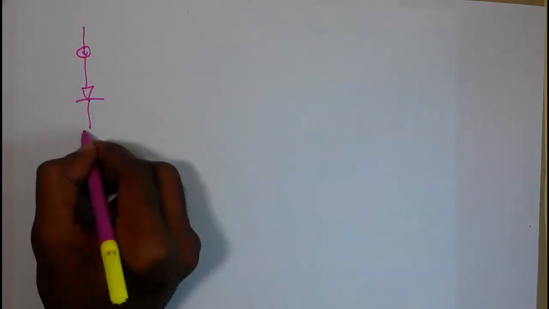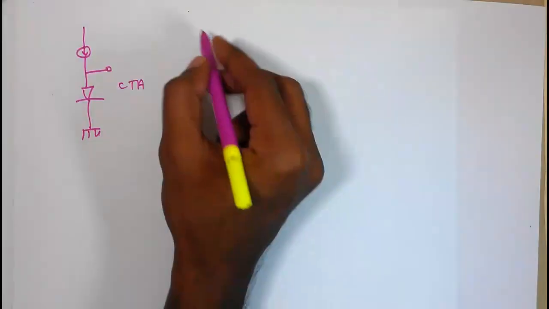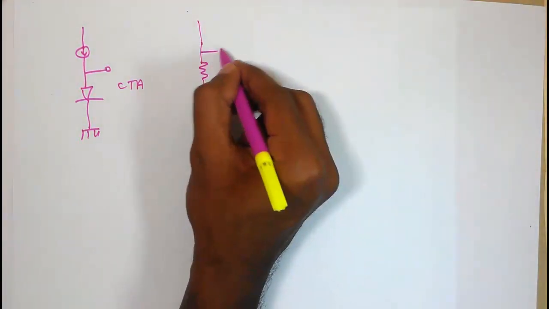So we got voltage across the diode as a CTAT, and voltage across a resistor as a PTAT.